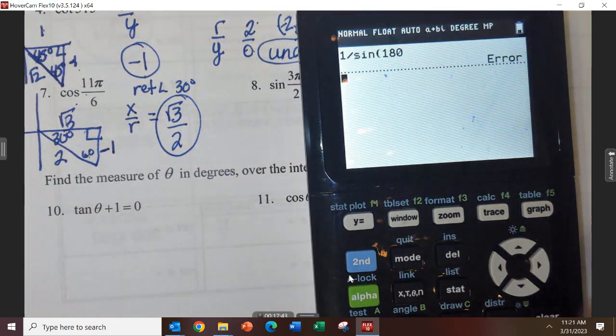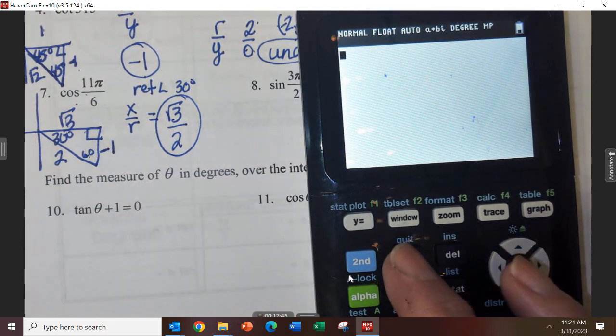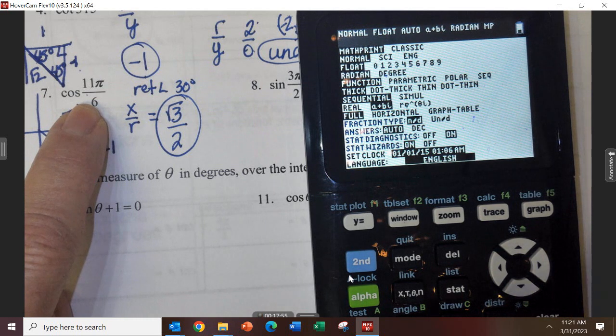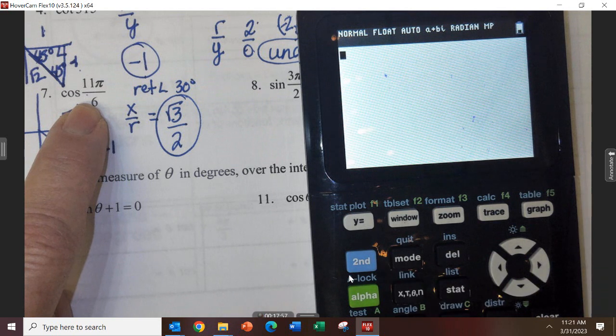Now, watch when I check this. I have to go to my mode. What did we say this angle's in? Radians. You have to go down and put your calculator in radians under mode. And now you're going to type in the cosine of 11 pi divided by 6.